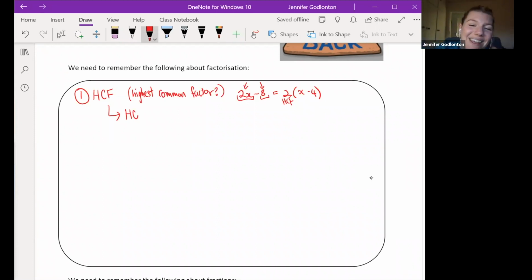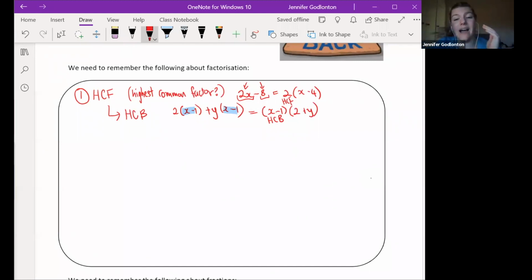Highest common brackets. Sometimes we have a whole bracket that is a highest common factor. So if we had something like 2x minus 1 plus y times x minus 1, this is our highest common bracket. When we factorize it, we take out our highest common bracket and we write what we're left with.